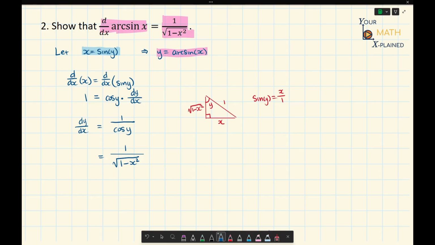And again, the left-hand side is dy dx, and since our y is arcsin of x, that is really just the derivative with respect to x of arcsin of x. And thus, we have shown that equation to be true.